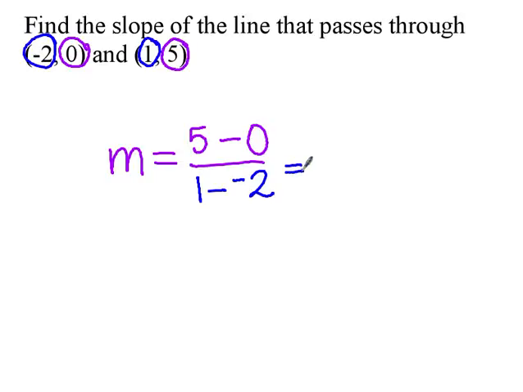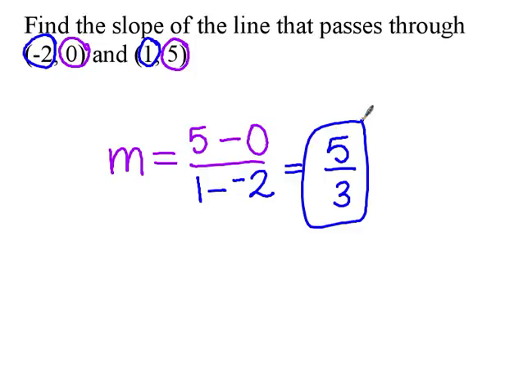So let's figure that out. What is 5 minus 0? 5. What is 1 minus -2? 3. So my slope is 5/3. Yes, you can get fractional slopes. That's fine. The biggest thing is you just need to make sure that you reduce those down.